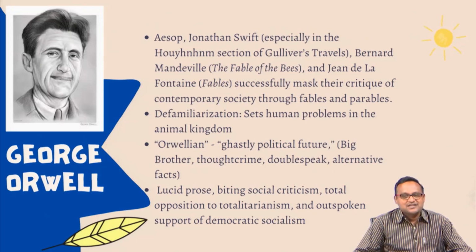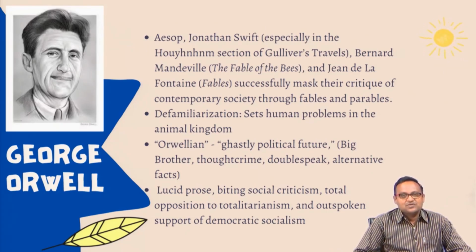He critiques in a radical way the then contemporary British society. And from there you have Bernard Mandeville's The Fable of the Bees and Jean de La Fontaine's Fables. All these works successfully conceal their critique of society using tales concerning animals and bees, birds and other things.